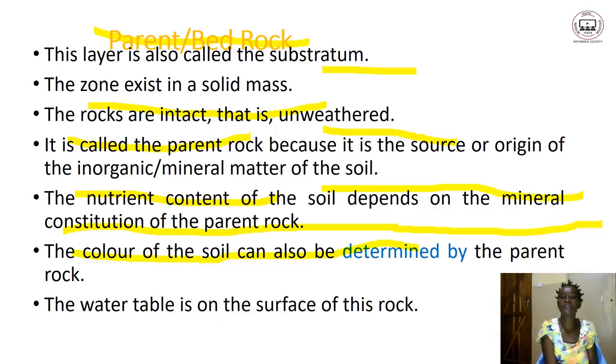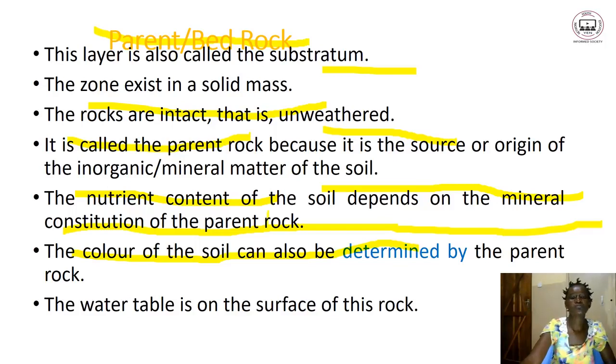We have different bedrocks, different types of parent rocks. So different types of rocks will have different mineral constitution. So the nutrient content will depend on the type of rock the soil has formed from.